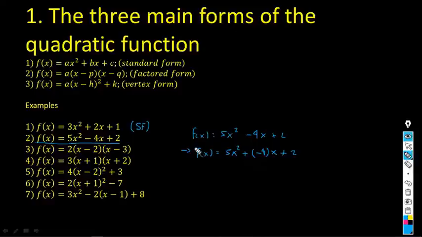Now, is this completely in the standard form? Yes, because we have a number times x squared, plus a number which is minus 4 times x, a number represented by b times x, and then plus 2, and in here we have the constant. So this is perfectly in the standard form.